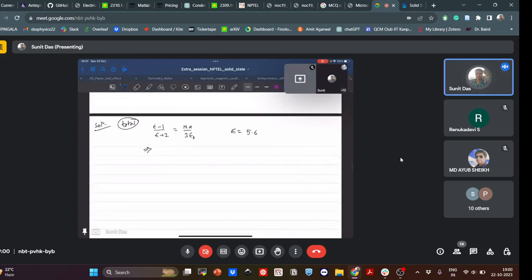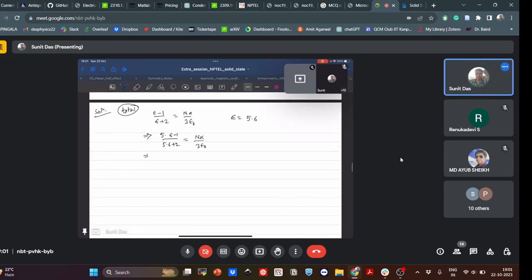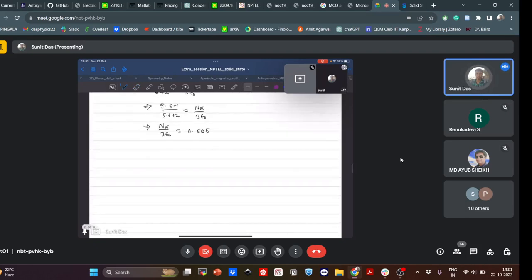So from this equation we get (5.6 minus 1) over (5.6 plus 2) equal to n alpha by 3 epsilon 0. So n alpha by 3 epsilon 0 will be 0.605. Now this was total. Now let's find electronic.